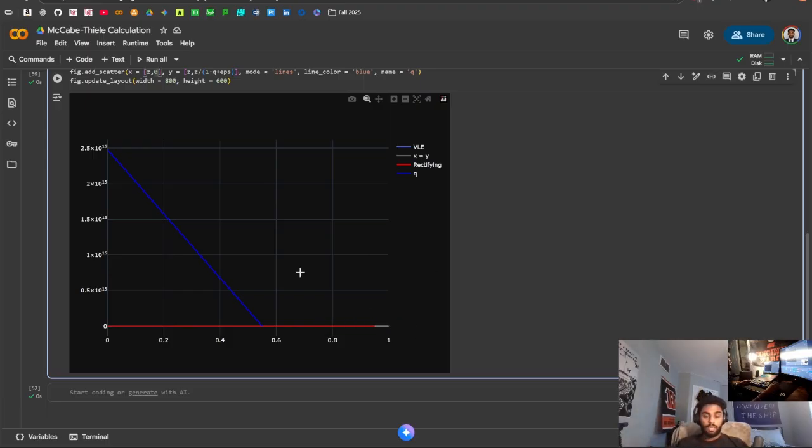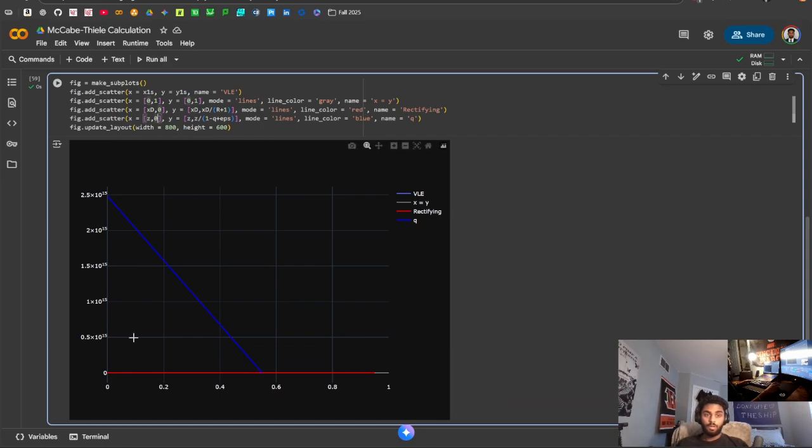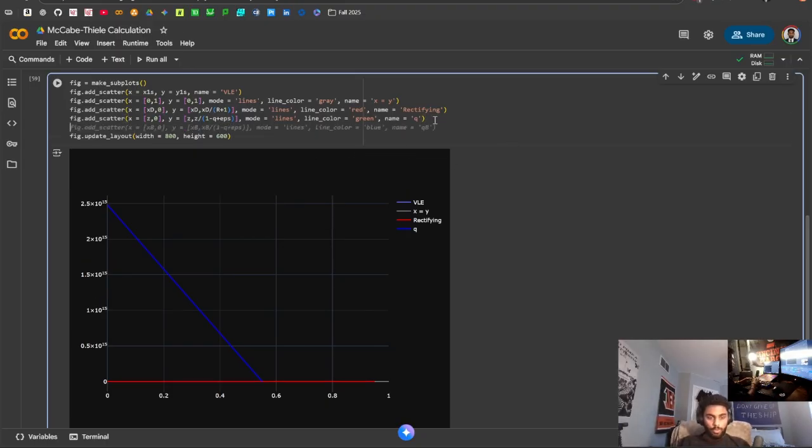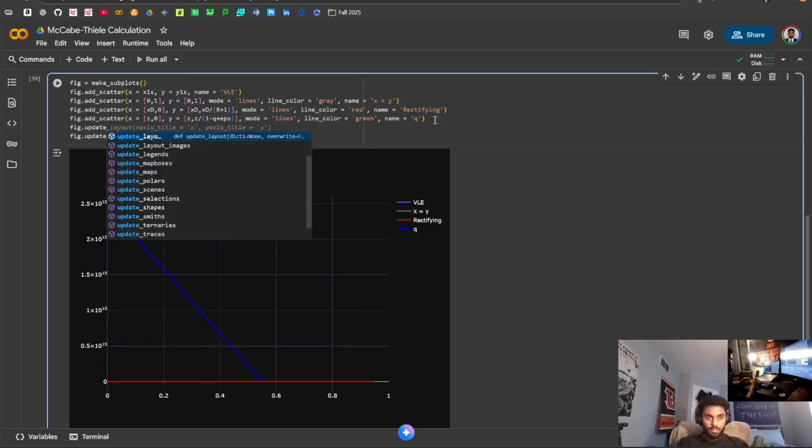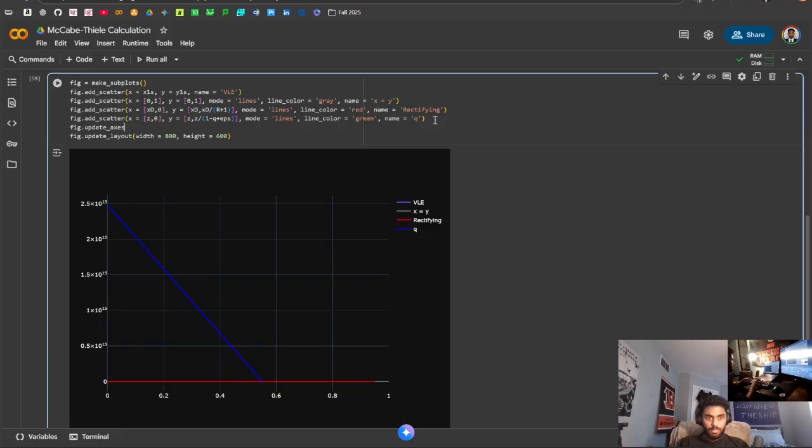So in order to get around that, we can pull a couple tricks here. It's actually quite simple. We go into fig.update_axes. Well, we have to do them turn by turn, unfortunately.